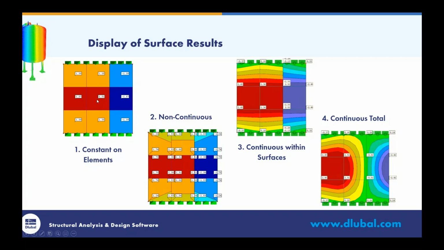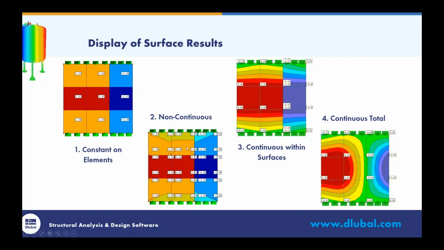So each FE mesh element will only have one color here. The second option, non-continuous, you can see that there are quite a bit more results available because instead of averaging out those 4 corner values, what we're going to do is display them separately for each FE element. So now you'll have multiple color contours within a single FE mesh element.